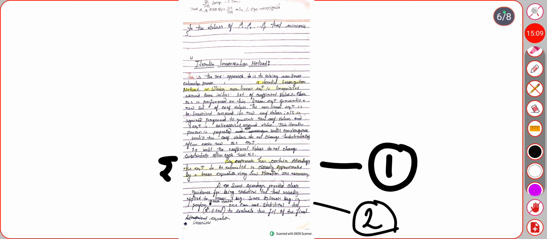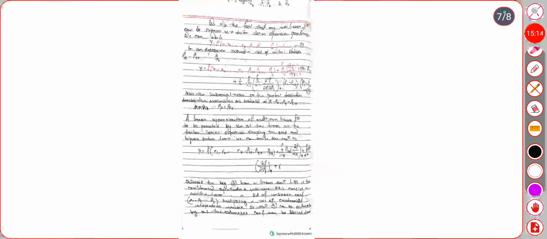We use the fact that any nonlinear function can be expressed as a Taylor series expansion. Specifically, we can write y equal to f of x1, x2, xj up to xk, beta 1, beta 2, beta 3, up to beta k, plus epsilon in an expansion around a set of initial values beta 1 naught, beta 2 naught, up to beta rho naught.